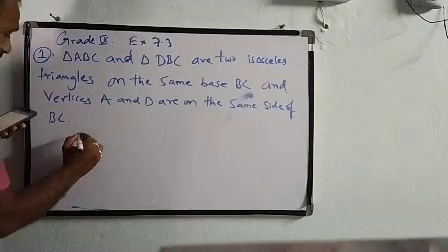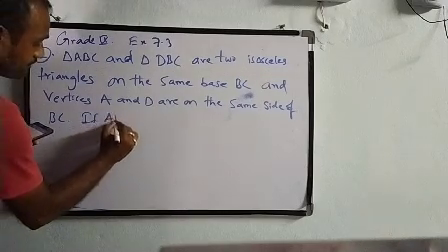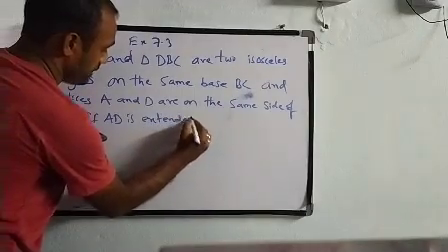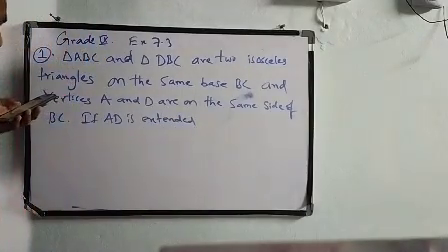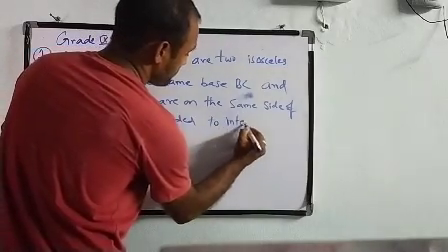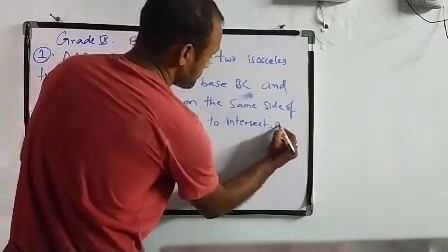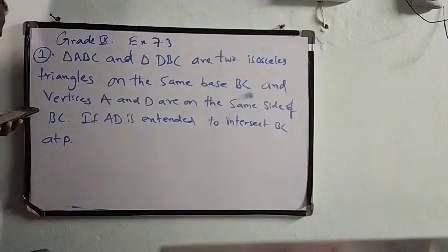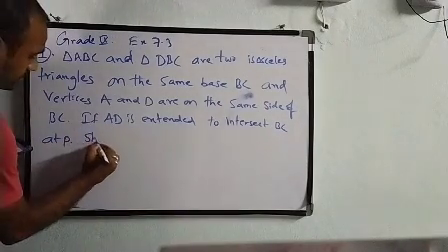If AD is extended to intersect BC at P, show that.